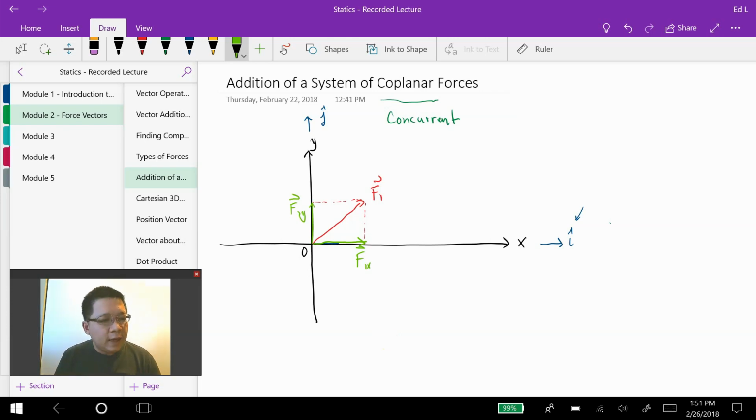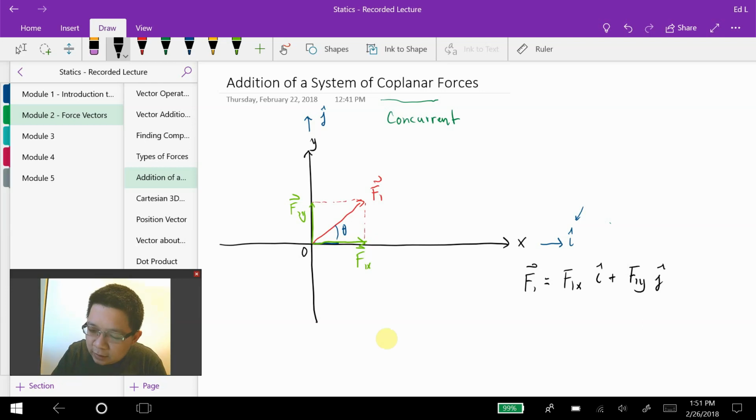If this angle right here is theta, we can express F1 as F1x i plus F1y j, and note that in here this is the magnitude of F1x and this is the magnitude of F1y.